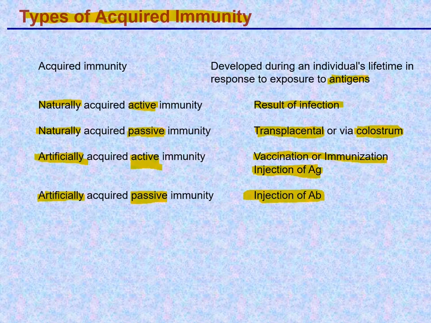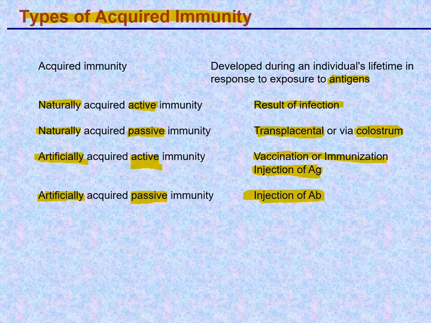The same is done for snake venom. If you get bitten by a snake, by the time your immune system kicked in 10 to 14 days later, you'd be long dead. It is so toxic, and so they give you immune serum from someone who's been exposed. Antibody, in other words.